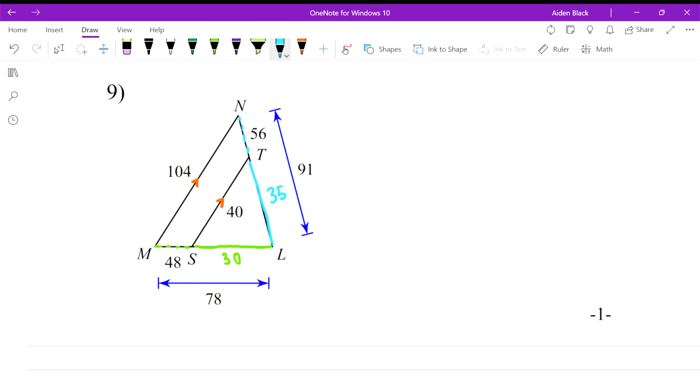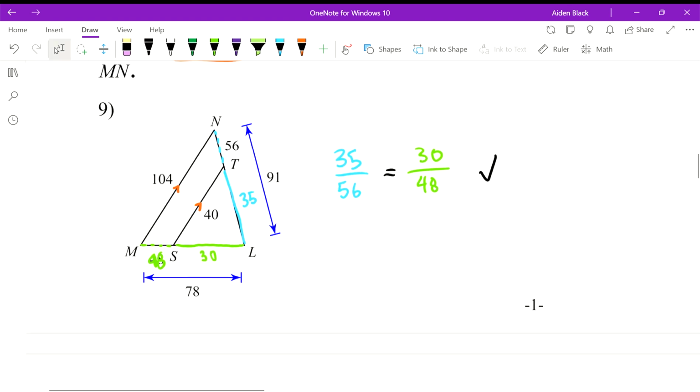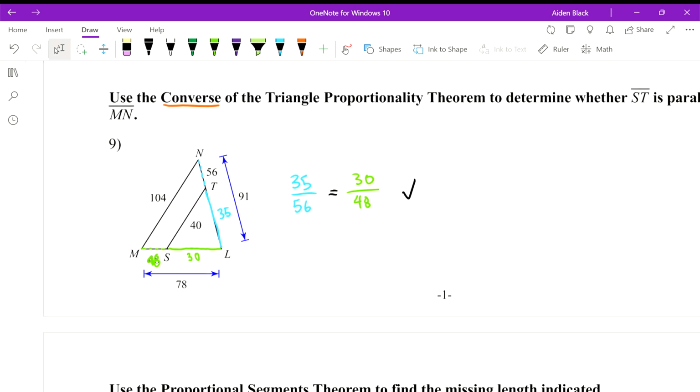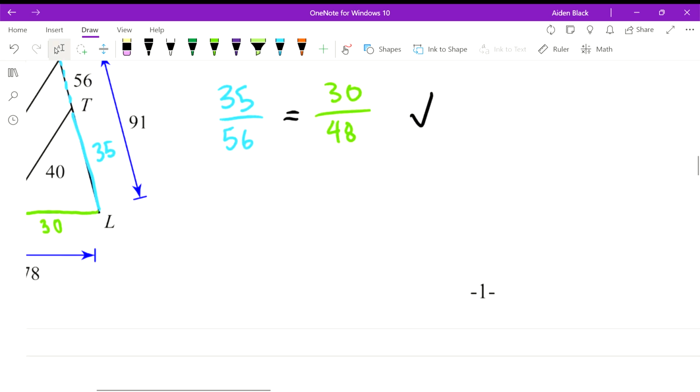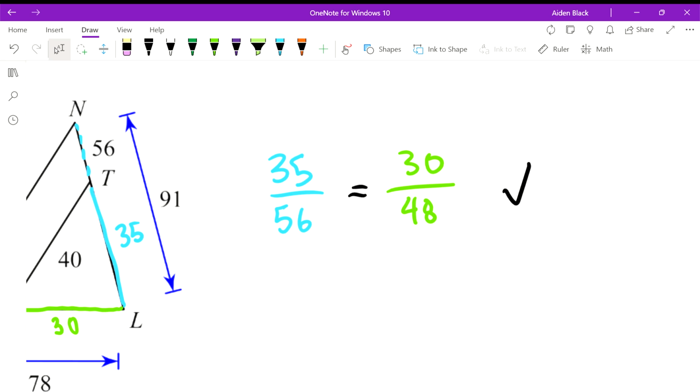So if 35 is to 56 as 30 is to 48, you have to reduce them, but if these check out, then you know the lines are parallel. But you need to make sure that those are proportional, that these ratios are the same.